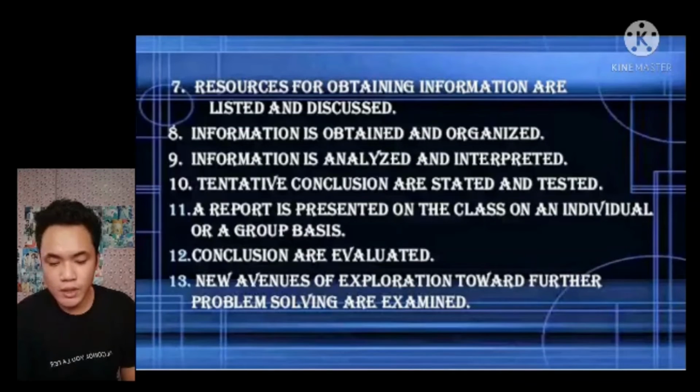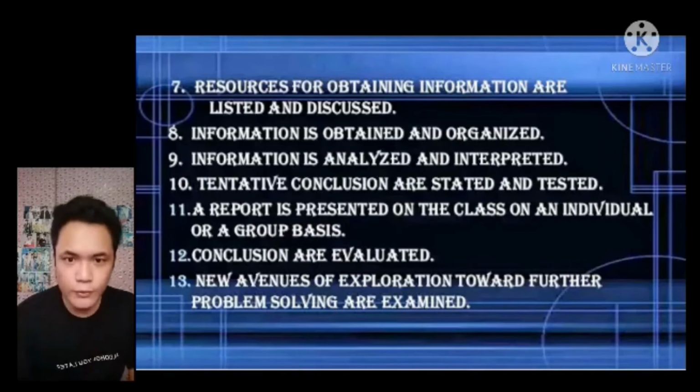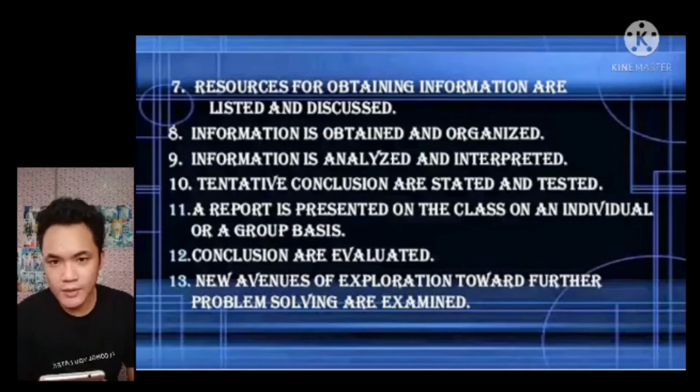Tentative conclusions are stated and tested. A report is presented to the class on an individual or a group basis. Conclusions are evaluated, and the last, new avenues of exploration toward further problem solving are examined.